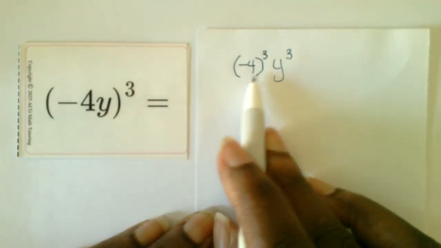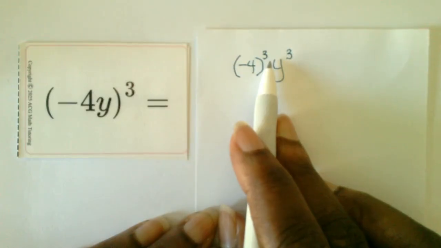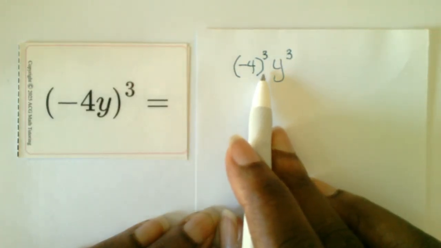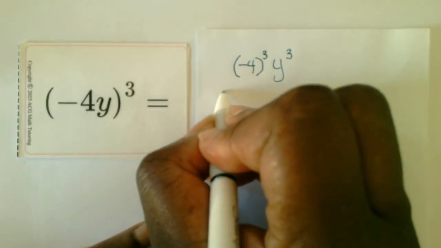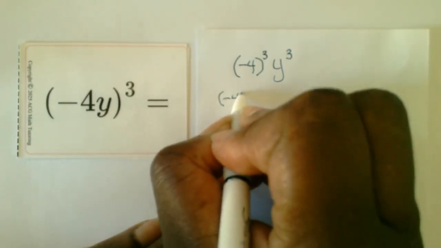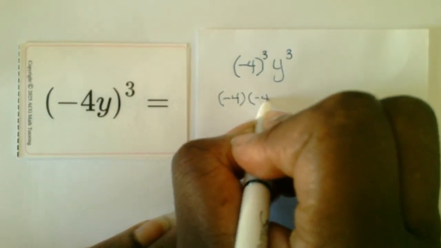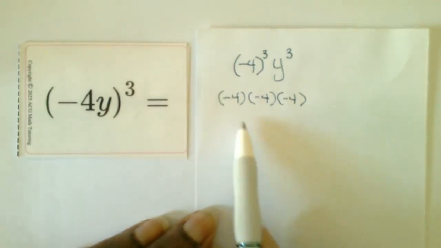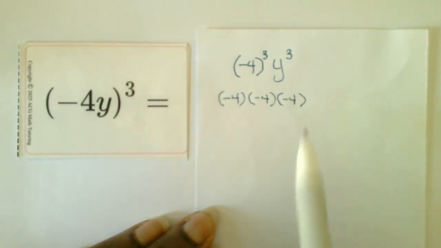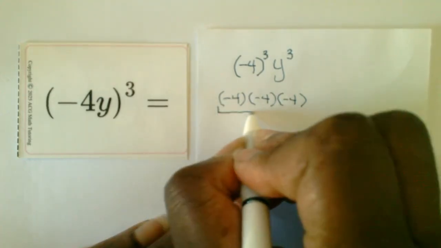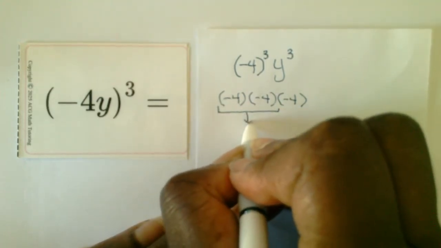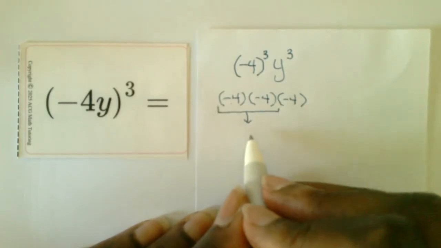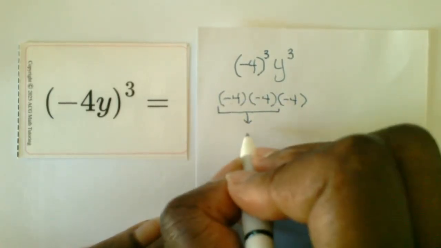So negative 4 to the third power is not the same as negative 12. You're taking this base of negative 4 and multiplying it by itself 3 times. If I take the first two, a negative times a negative gives me a positive, and 4 times 4 gives me 16.